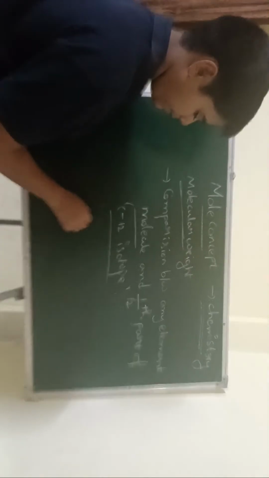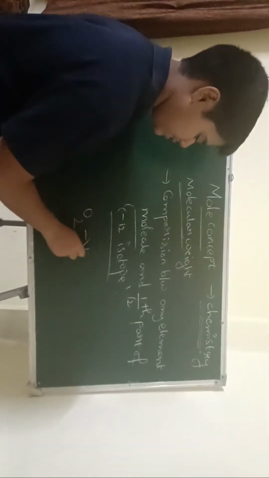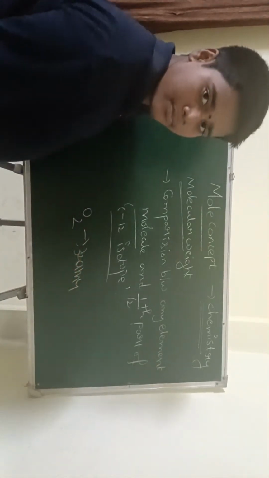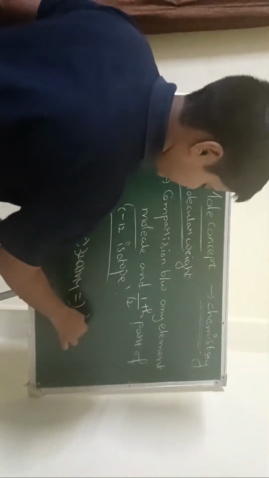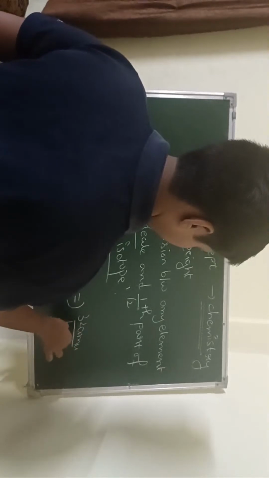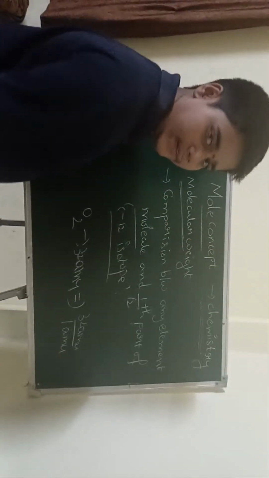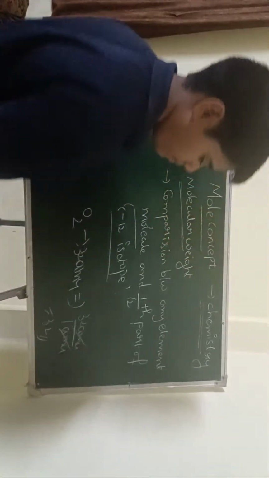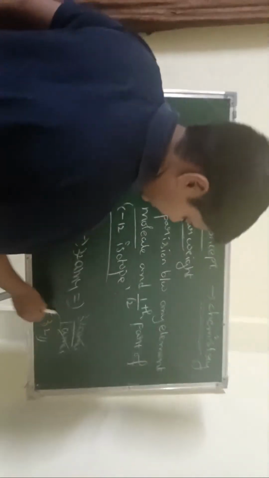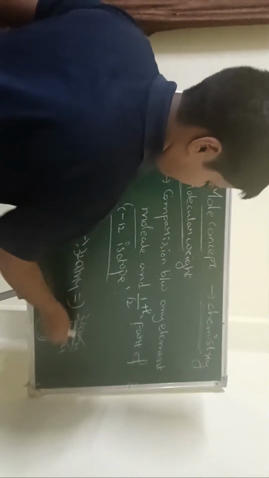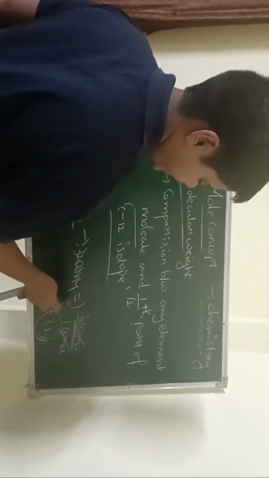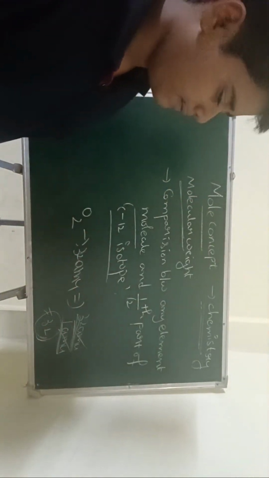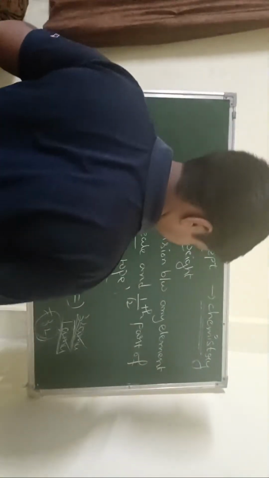For example, O2 is 32 AMU, so the molecular weight is 32 AMU by 1 AMU. AMU gets cancelled and the answer is 32. So this is molecular weight.